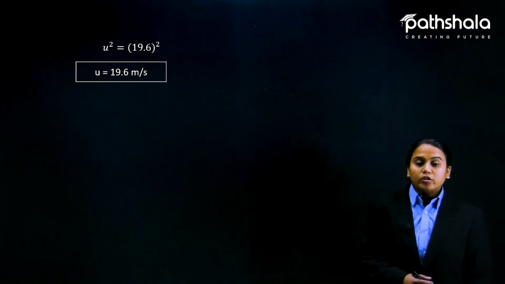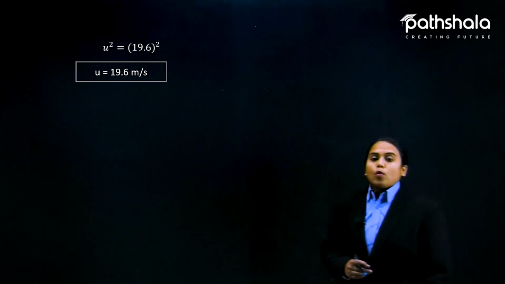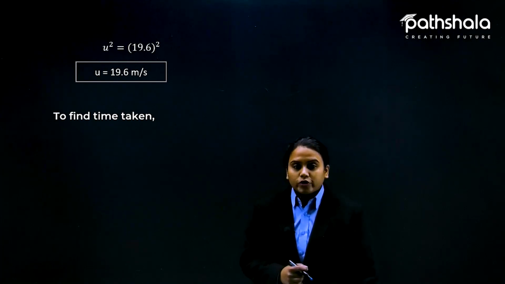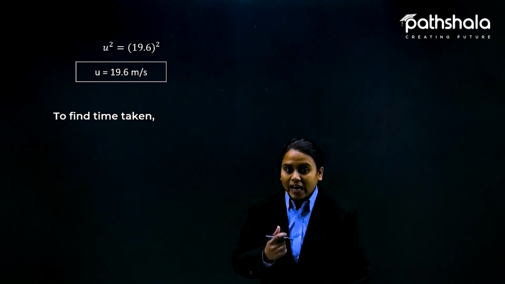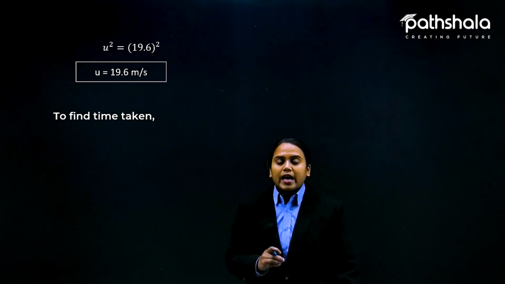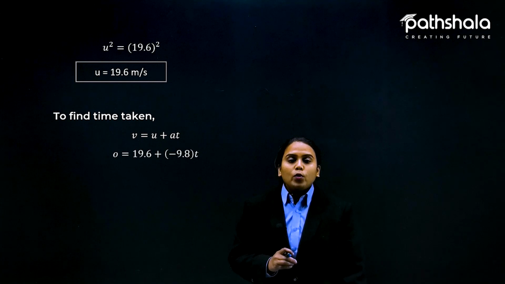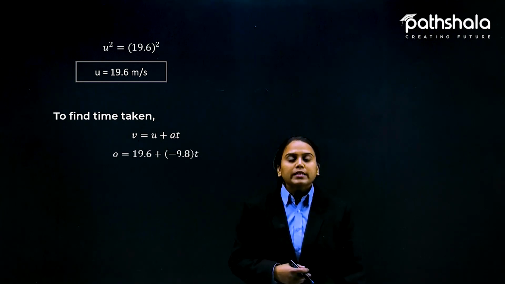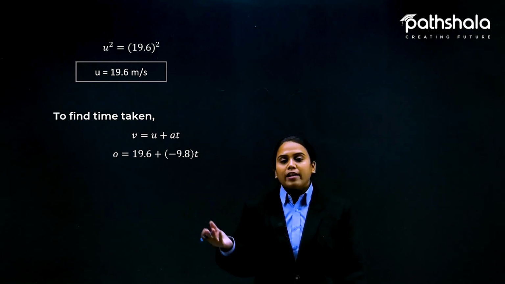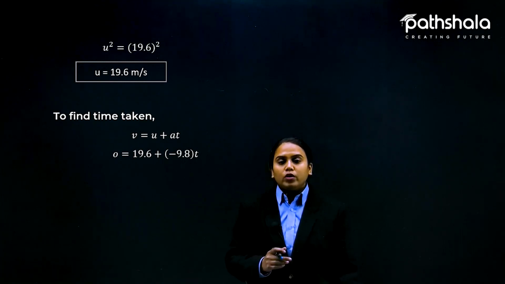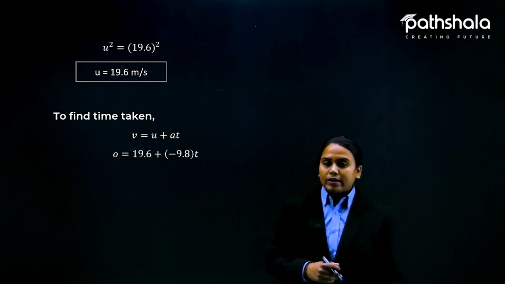Now students, for the time. When we need to find the time, we have to take the equation that has time as a variable. Okay, time should be there. So we have the first equation of motion, that is v is equal to u plus at, and by putting in the value of u, which we have already found, we can put 19.6 here.